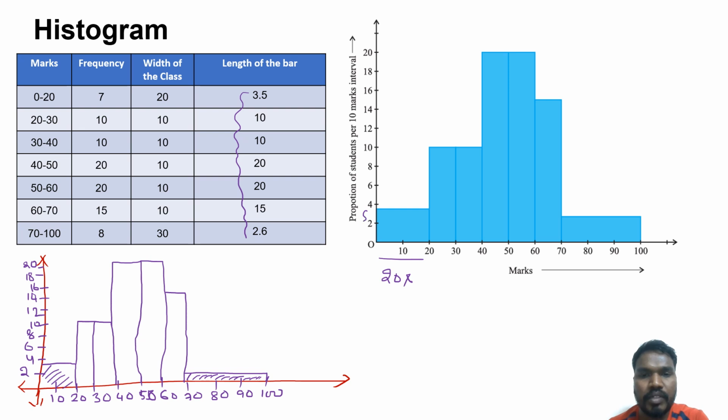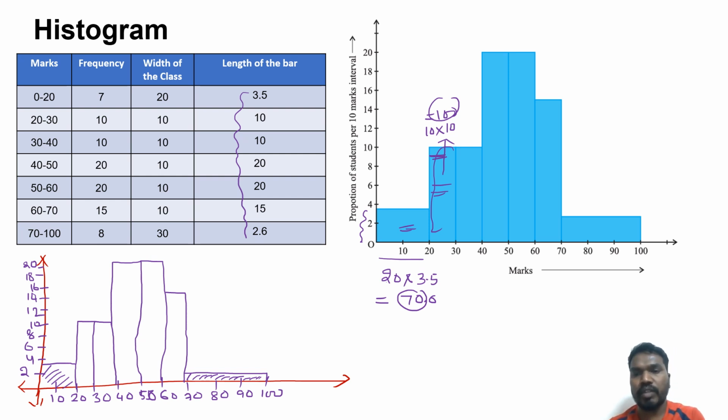And the height here is 3.5. So 20 times 3.5 is 70. Here the area is 10 into 10, which is equal to 100. So this has greater frequency compared to this, therefore the area of this is greater. So our histogram is correct.